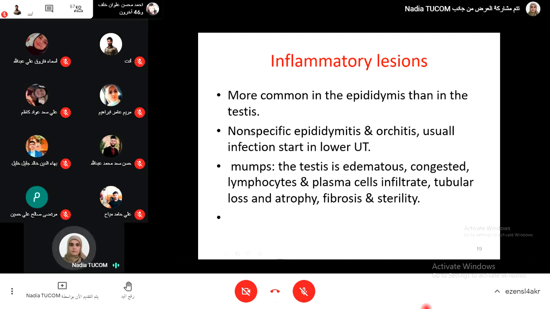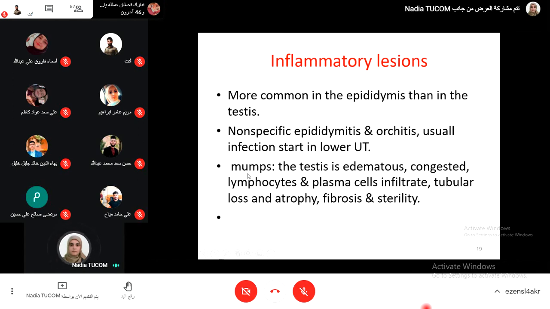It can be non-specific epididymitis and orchitis, infectious or non-infectious. Infectious means bacteria or viruses, and non-infectious like trauma or an autoimmune process. Usually the infection spreads from the lower urinary tract.